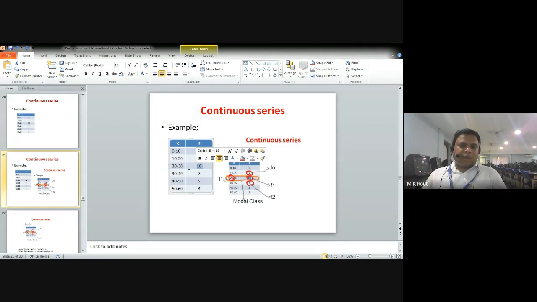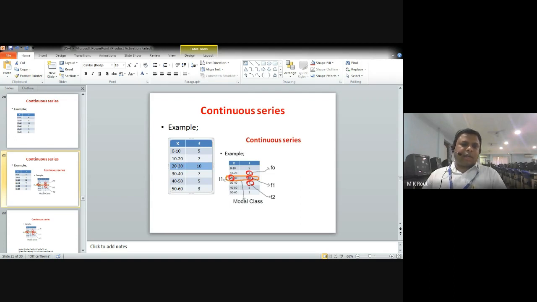I repeat, from the given variable and frequency table, you find 20 to 30 has the highest frequency. That's why this interval is chosen, and 20 belongs to the lower limit, and 30 belongs to the higher limit.